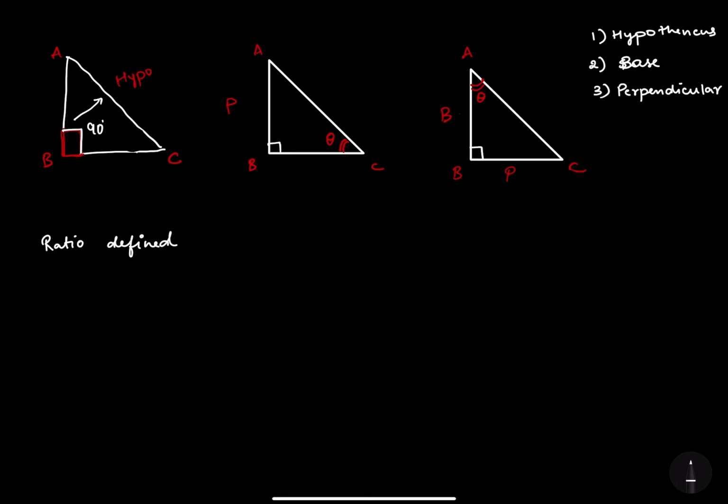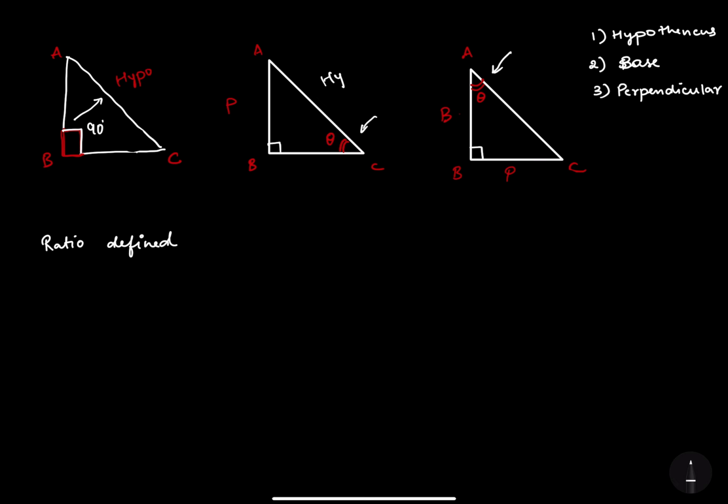So here we'll be requiring one angle, which is the reference angle. In the first diagram, our reference angle is at C, and in the second diagram we have it at A. So at C, as we have a reference angle there, the side adjacent to it is called the base. Again, AC is also adjacent and BC is also adjacent, but we have already said AC is hypotenuse, so we have to take the other side, which is BC.